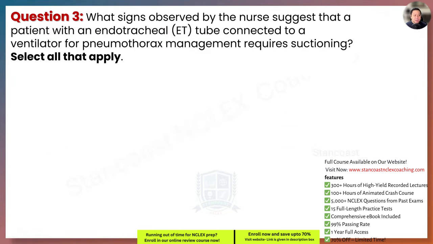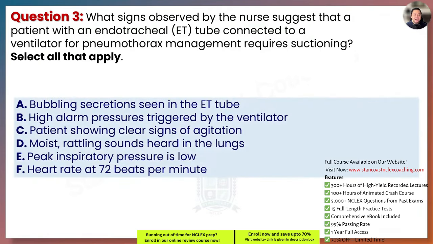Number 3. What signs observed by the nurse suggest that a patient with an endotracheal tube connected to a ventilator for pneumothorax management requires suctioning? Select all that apply. Options: A, bubbling secretions seen in the endotracheal tube. B, high alarm pressures triggered by the ventilator.